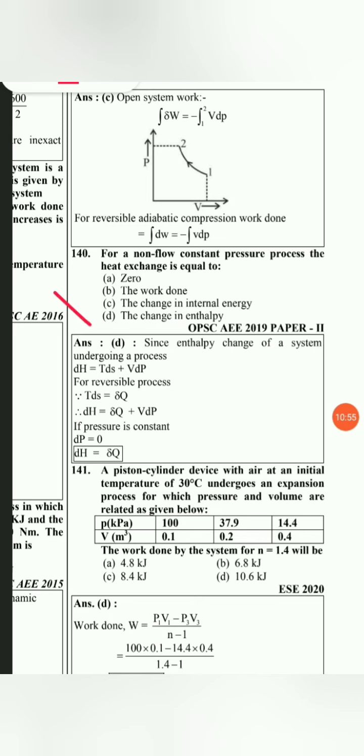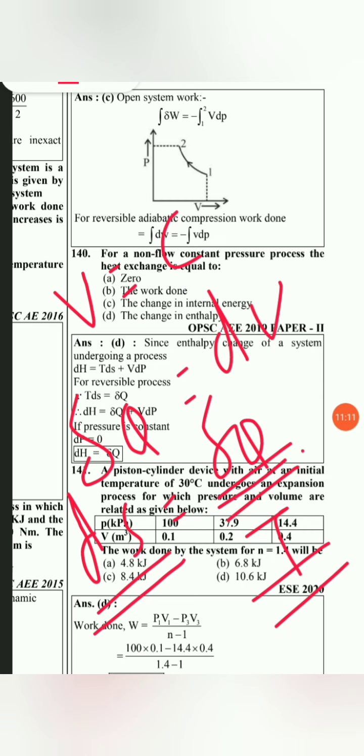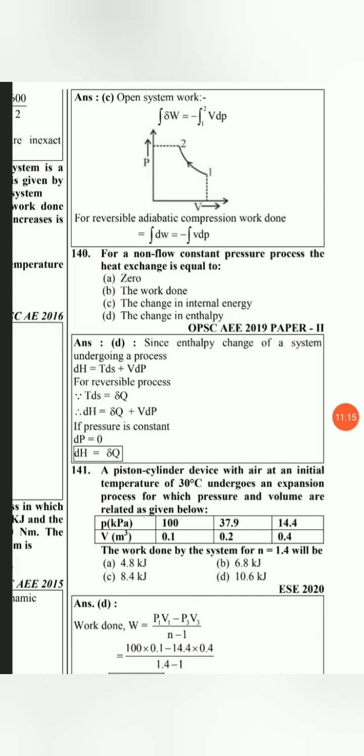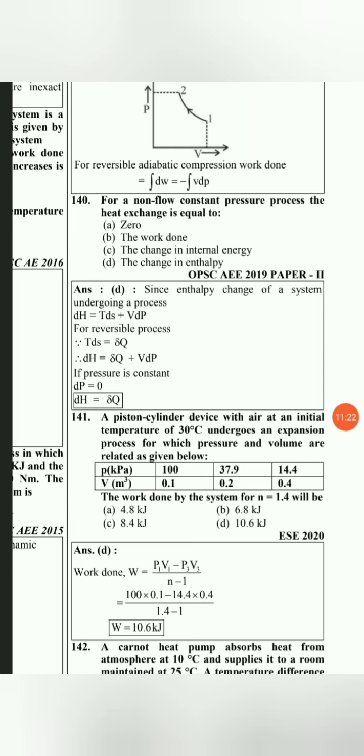If it is a constant volume process, then the heat transfer will be equal to the change in internal energy. The relation between entropy change and heat transfer is dS equals del Q by T, and del Q is nothing but T dS. So for a constant pressure process, the heat transfer equals the change in enthalpy of the system. So option D will be the right answer.